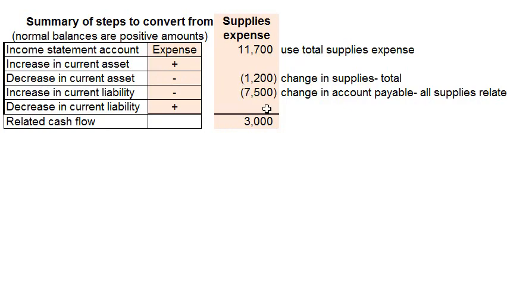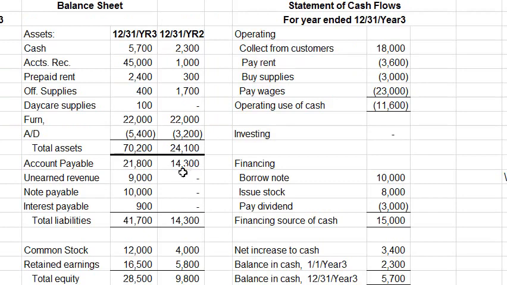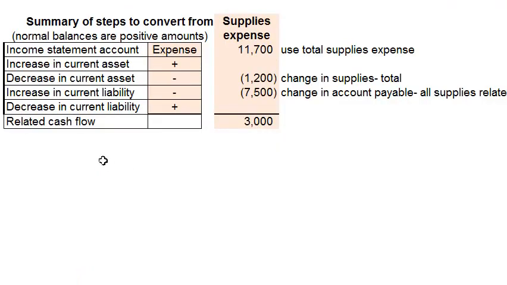Now we look at the change in our accounts payable account. We see that accounts payable increased during the year by $7,500. Since we have an increase in accounts payable, the chart tells us to subtract it. What we're coming up with is that the cash paid for supplies during year 3 would have been $3,000.